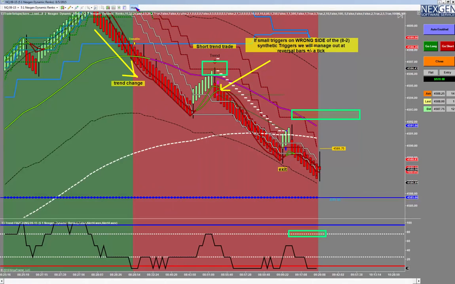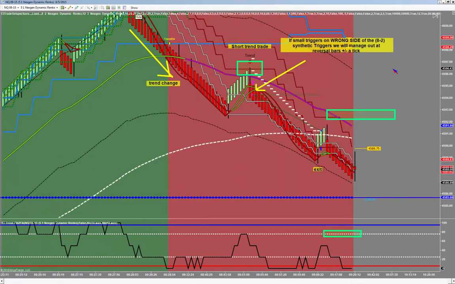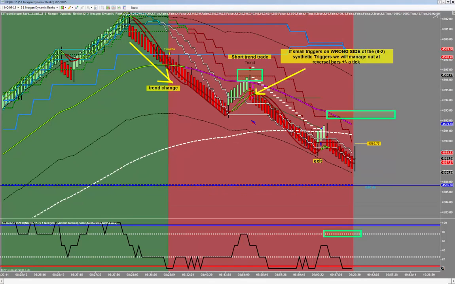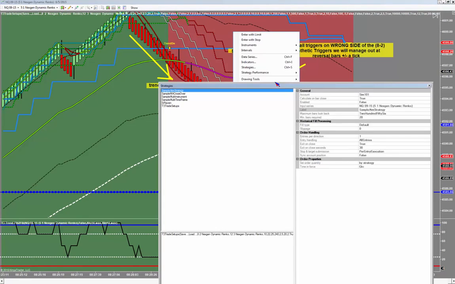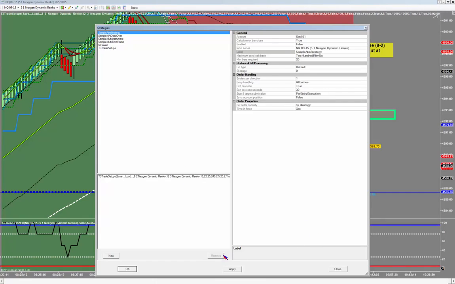All right, so turn that off here. And obviously it's slowed down a little bit, but you can see what we're talking about. I'm going to turn the strategy off for a minute because we're not needing it really for what we're doing lesson-wise.